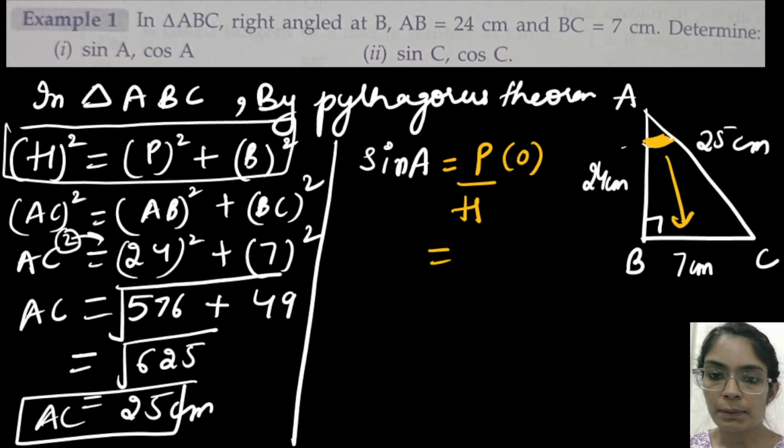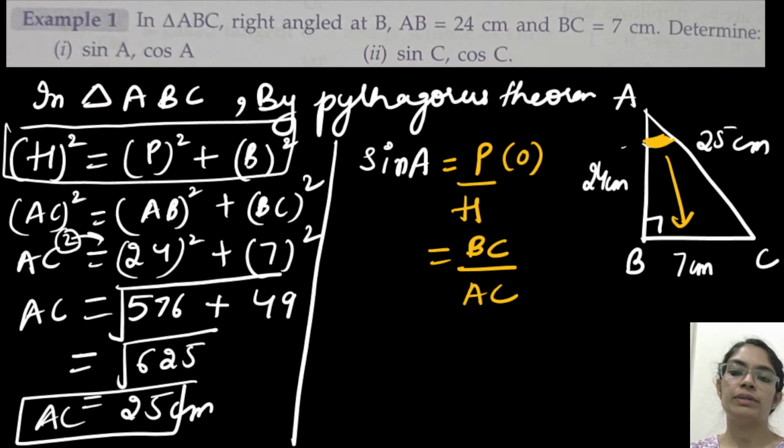Which side is the perpendicular side? BC, yes, BC by AC. The hypotenuse of this triangle will always remain fixed. Only the perpendicular and base will interchange with respect to the angle.